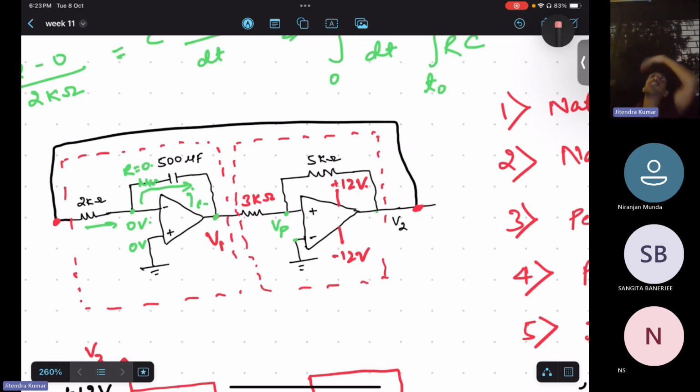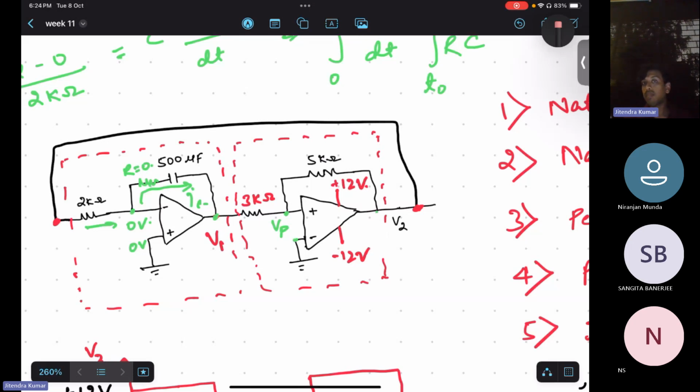I told couple of conditions should be there to not apply the virtual ground concept. If both the terminals are connected with different kinds of sources, let us suppose Vp is connected to a different source and V1 is connected to a different source, in that scenario we cannot apply the virtual ground concept.